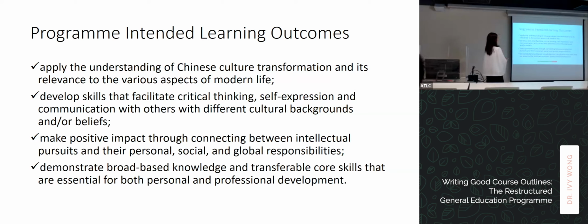So if you are targeting area C, or let's say if the general office is asking for proposals for area C, then you need to have stronger emphasis on this learning outcome: making positive impact through connecting between intellectual pursuits and their personal, social, and global responsibilities.